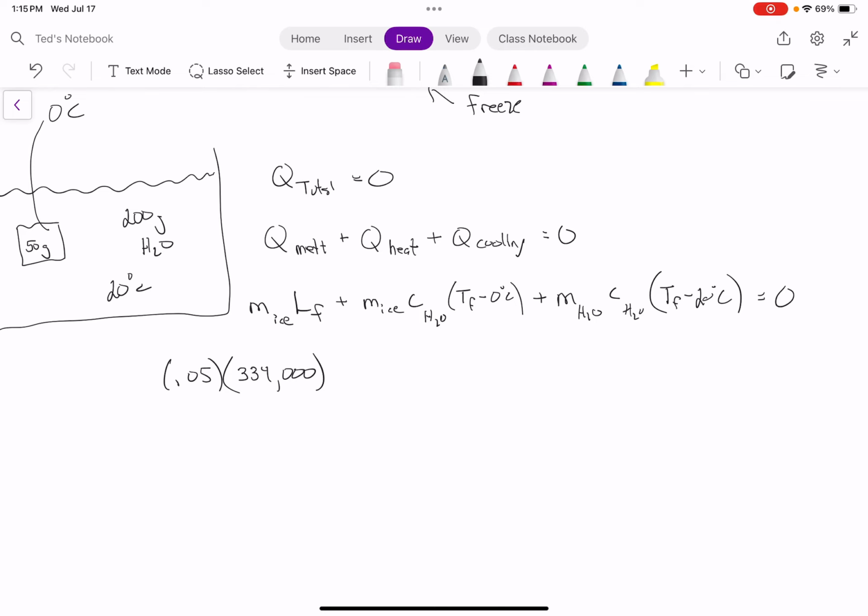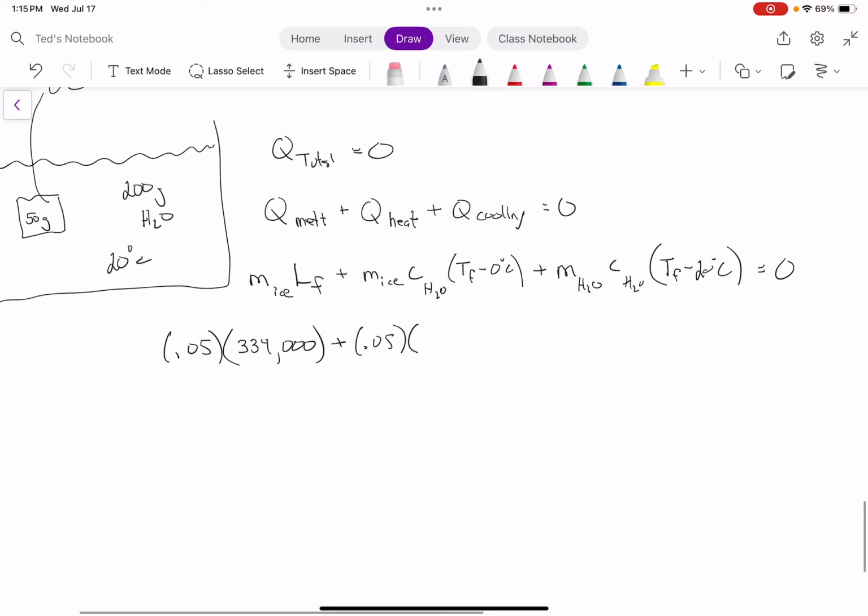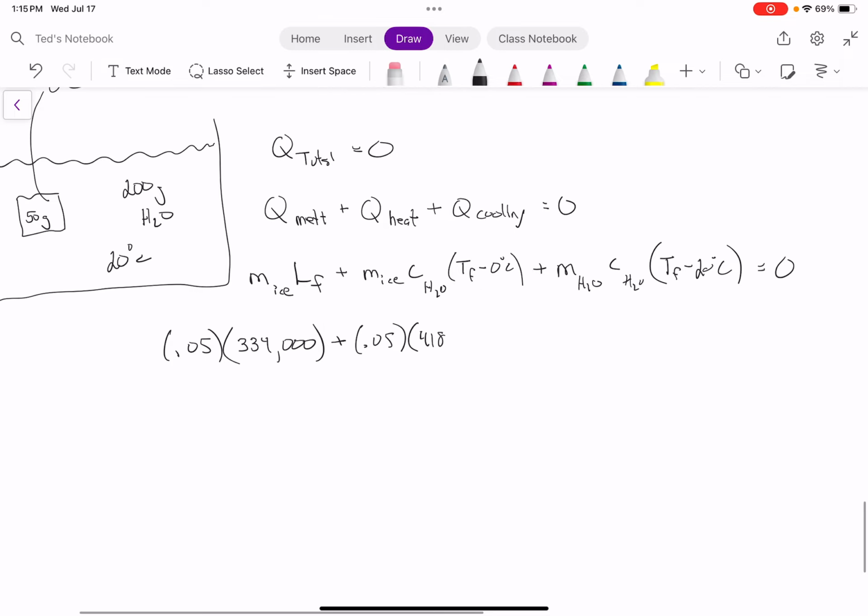Okay, plus the mass of the ice, that's 0.05, times the specific heat of water, which we decided in the previous problem was 4186, times T final, and I'm just going to drop the minus 0, plus the mass of the water, 0.2 times 4186 times T final minus 20 degrees Celsius equals 0.